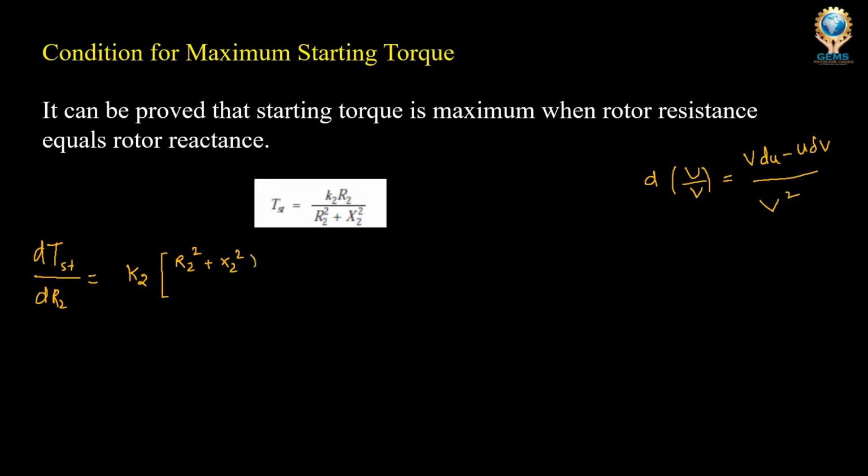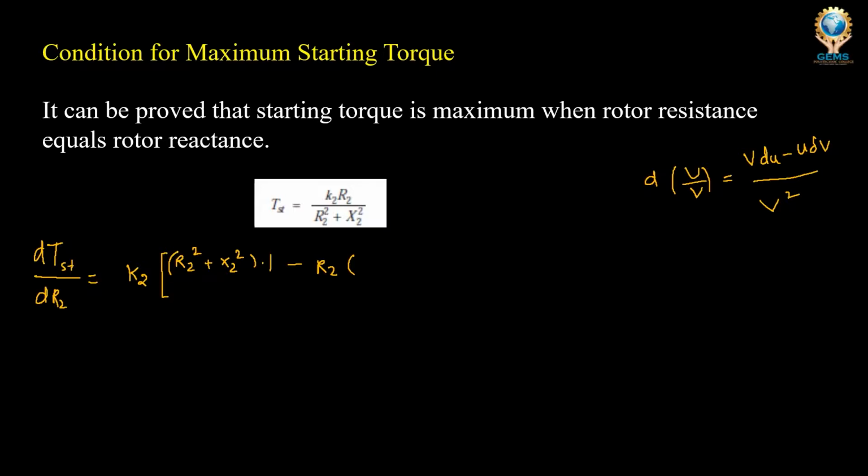Then we need to differentiate the U term. If you differentiate R2 with respect to R2, you will get 1, so there is no change and the same term will be there. Minus U dV. The U term is R2, and then dV. In this plus term, there is no R term, so it becomes 0.